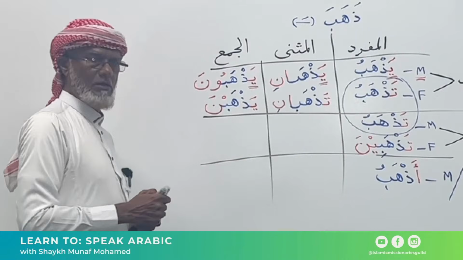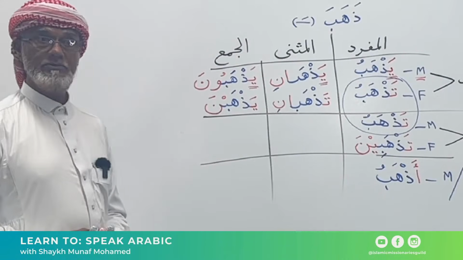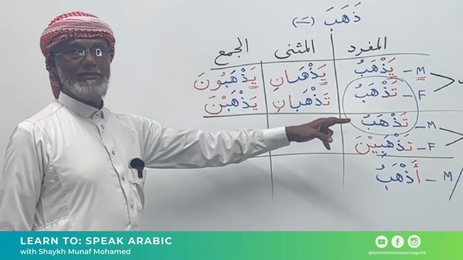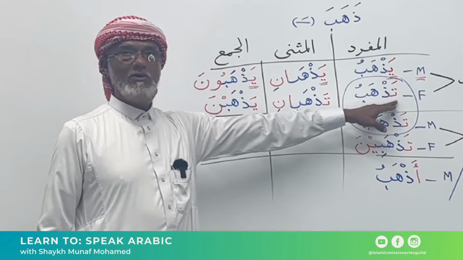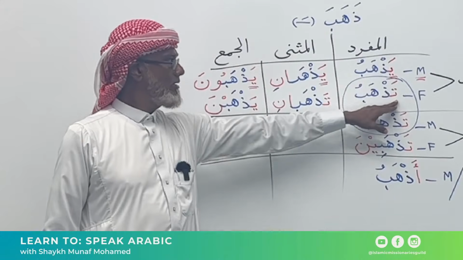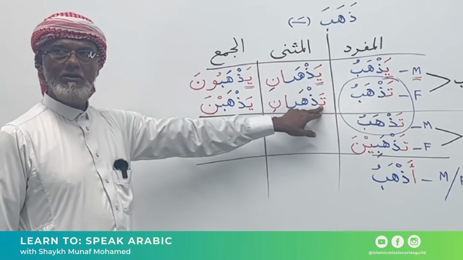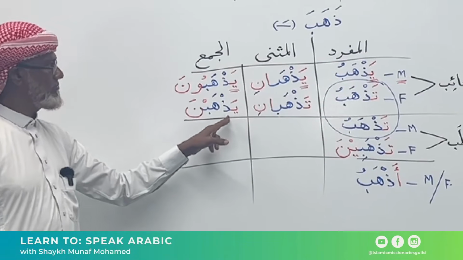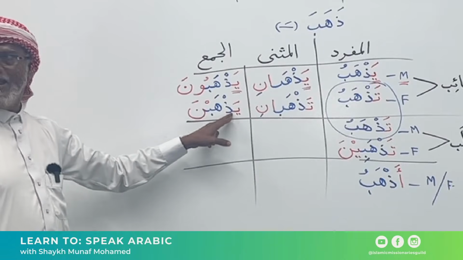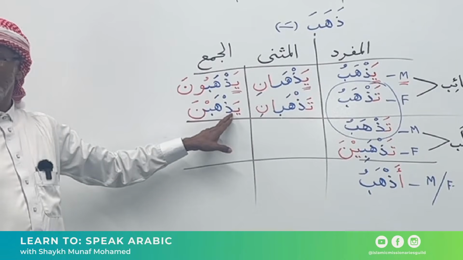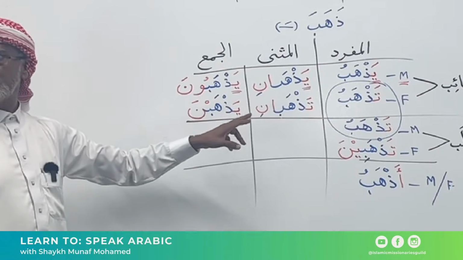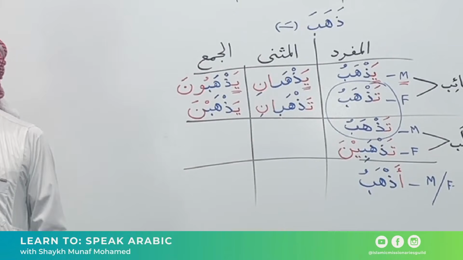Yadhhabna. You would notice that the ta for the feminine, the ta here, but here it changed. It changed to a ya. So it's not tadhhabna, it's yadhhabna. All right?